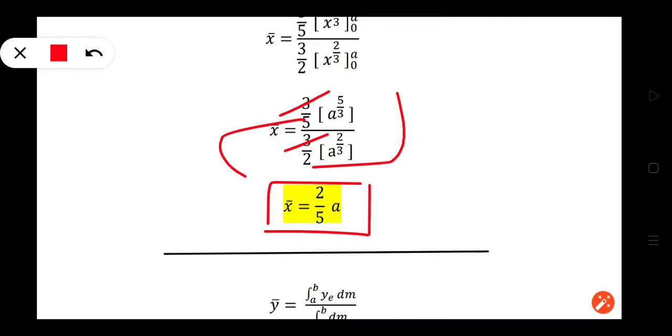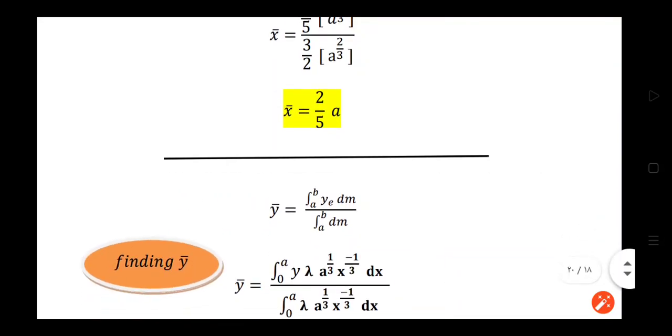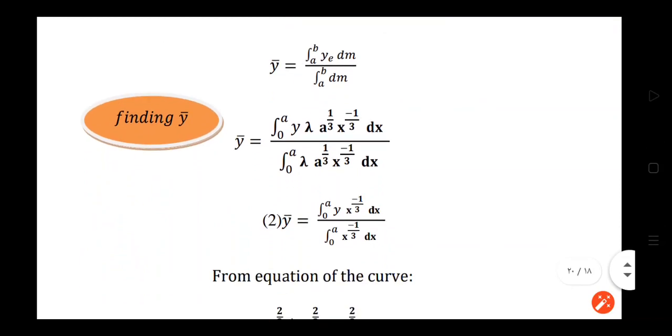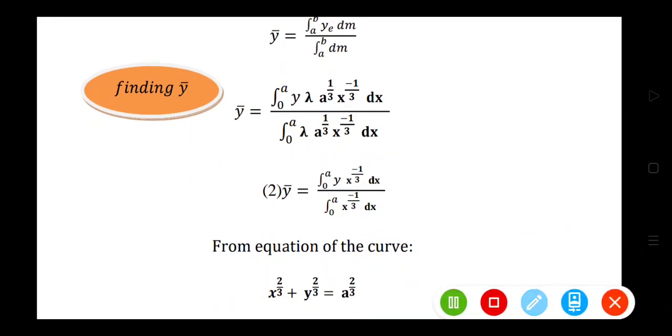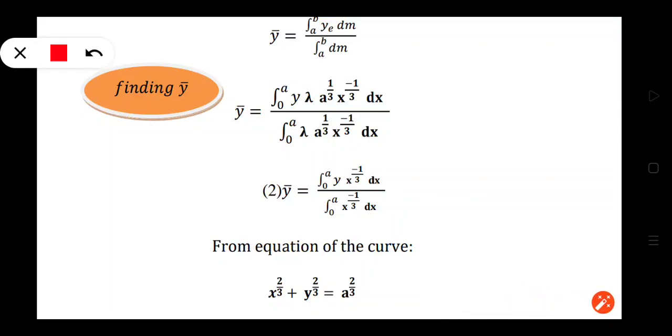To find y bar, it equals the definite integral of ye dm over the definite integral of dm, where ye equals y and dm equals lambda a power 1 over 3 times x power negative 1 over 3 dx, integrated from 0 to a, over the integral of lambda a power 1 over 3 x power negative 1 over 3.